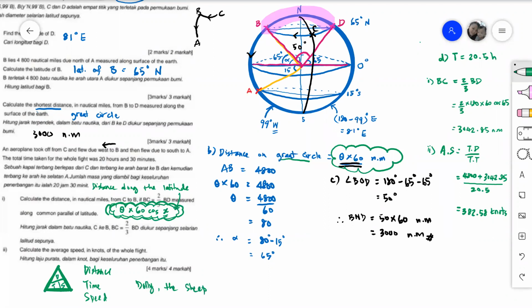Dolly the Ship is actually the first cloned sheep in the world, but I don't want to go deep into that. Just use this to help us memorize the formula when we want to find either distance, time, or speed. If you want to find distance, cover up the D, you will see T and S side by side. That means T times S. If you want to find T, cover the T, you'll find D over S, so that means D divided by S. If you want to find speed, just take D over T.